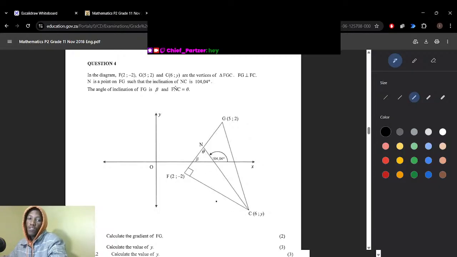Let's first look at N. Where does N lie on line FG? Yes, it lies somewhere in the middle of FG, right?